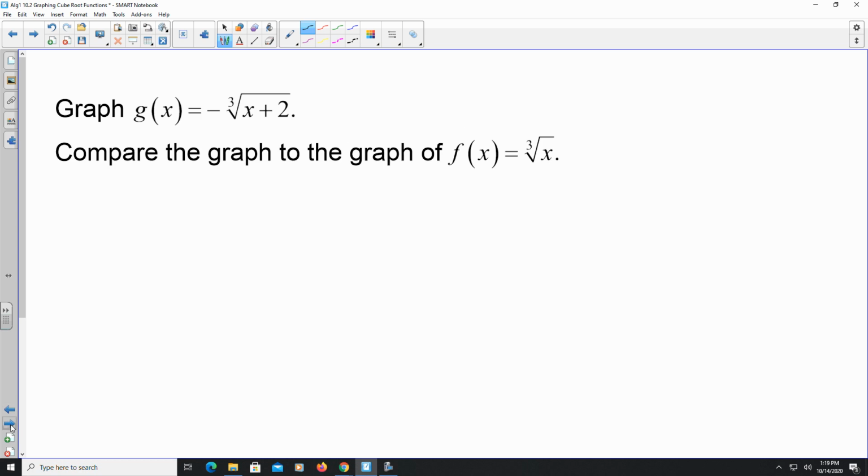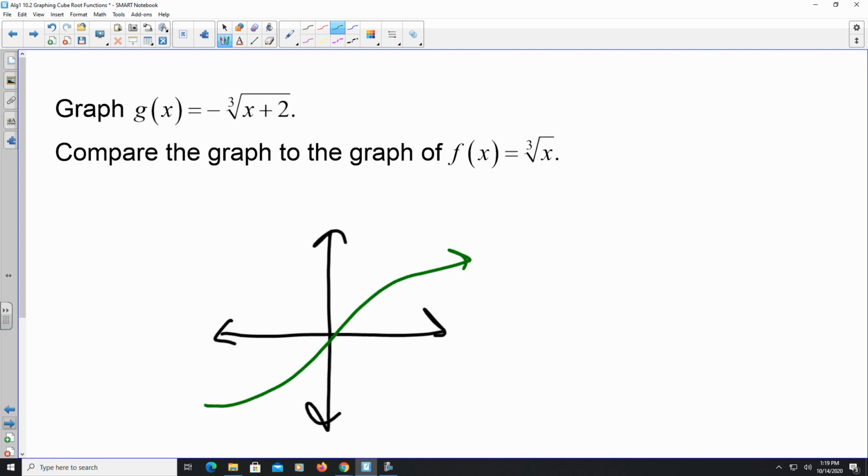If you had a negative on the outside like we do here, in comparison, if our parent function looks something like this, where it crosses through coordinates (3, 1), but with this one, I noticed that h is -2, so you're going to go -1, -2, where it's going to cross here. But because of the negative, you're going to start in quadrant 2 here, and then go in like so.